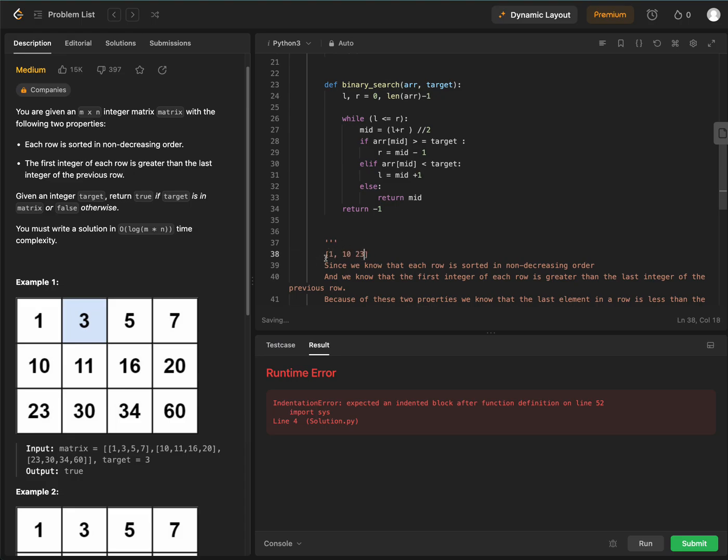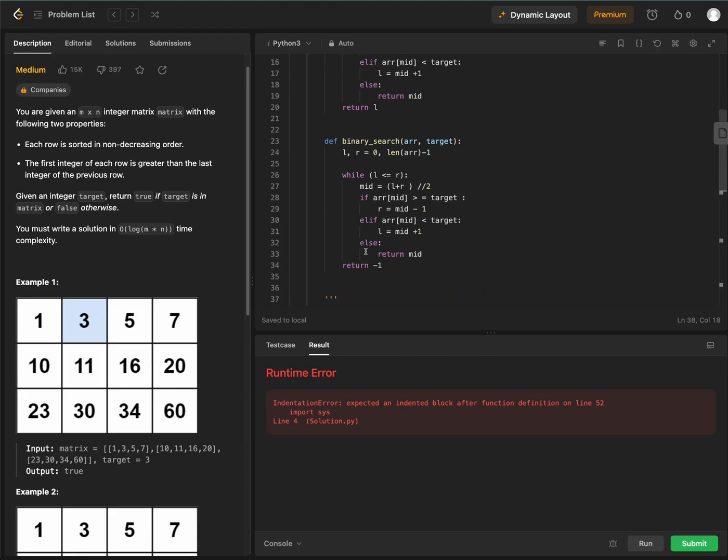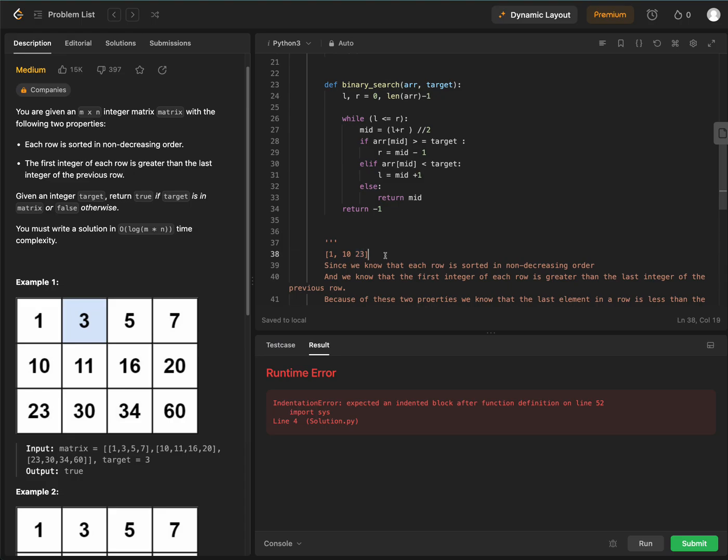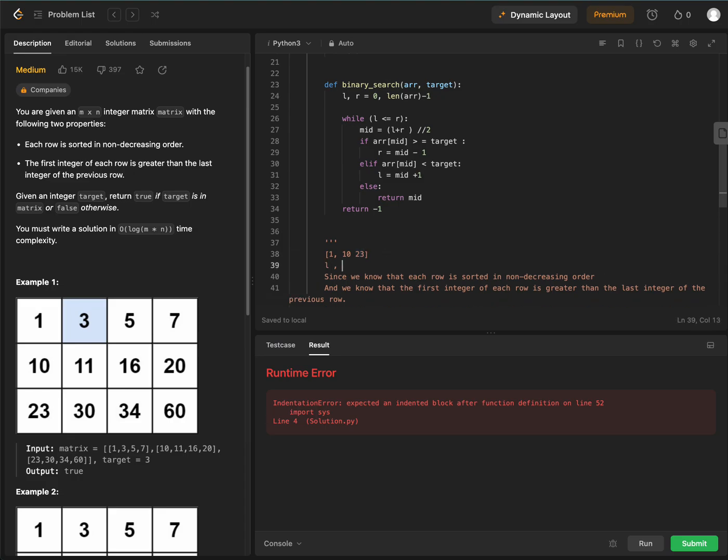And then we have this left and right here. And then mid is left plus right, 0 plus 2 divided by 2 is 1, right? So mid is here, right?